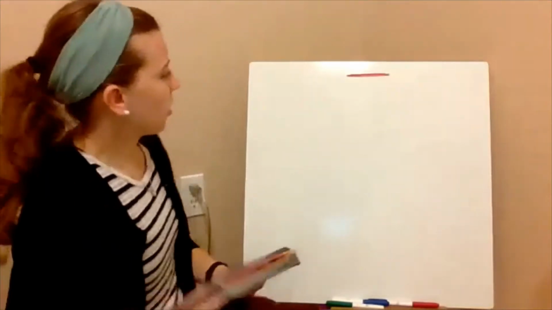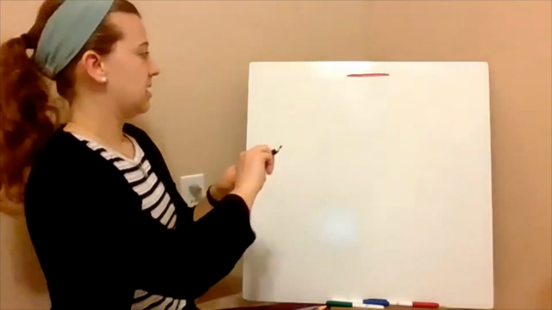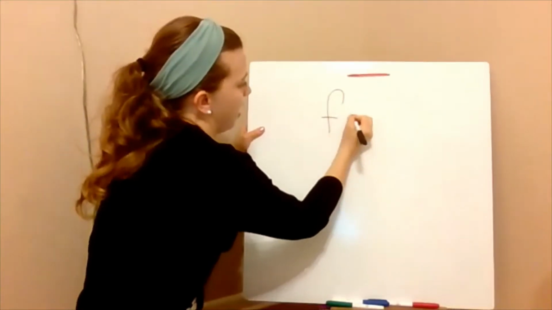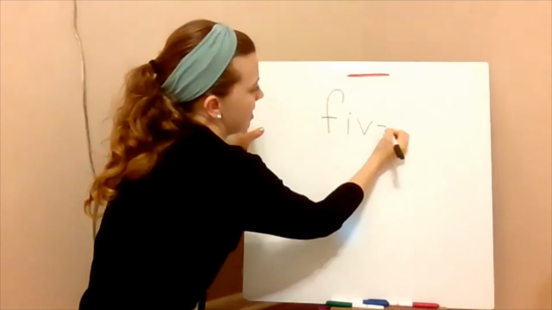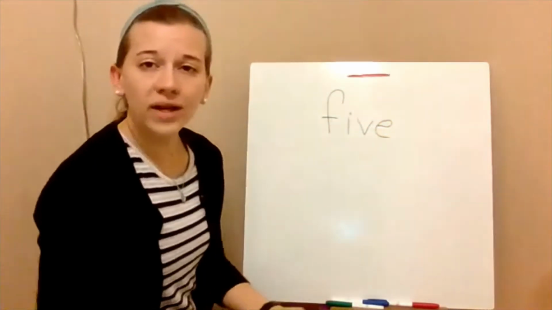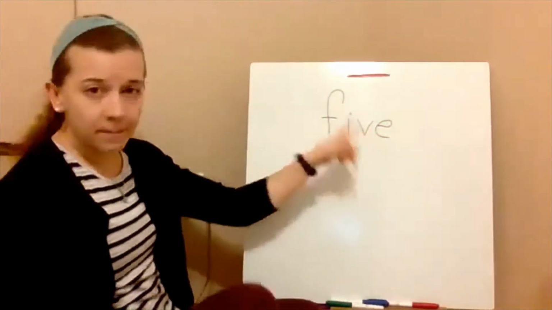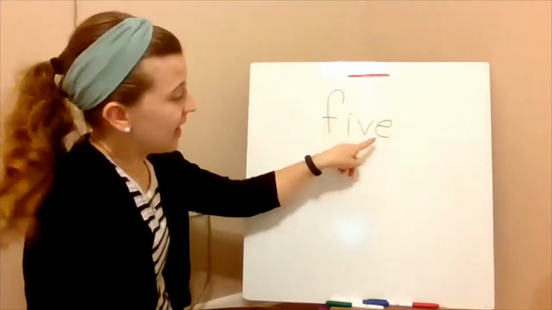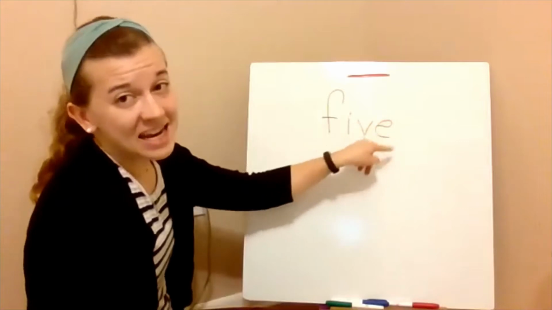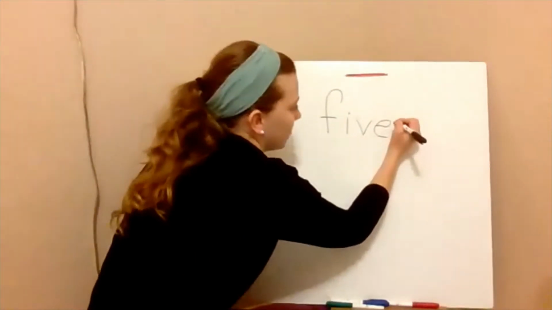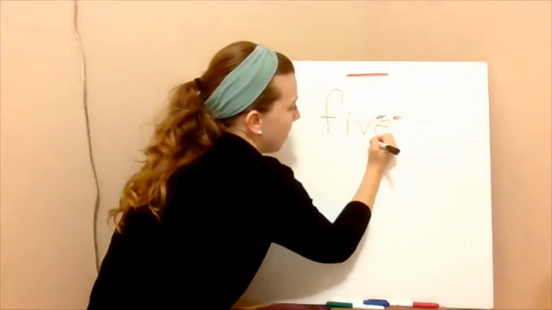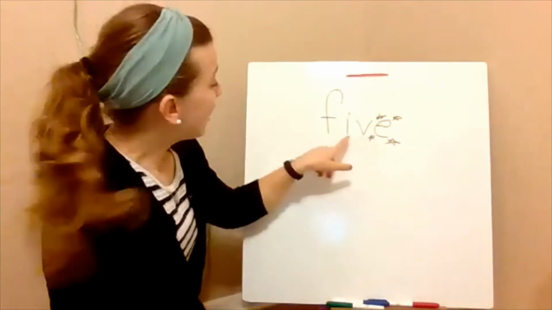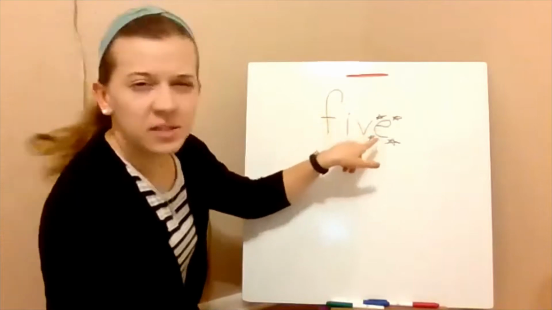So if I have a word like this word, F-I-V-E. What does that word say? Well, remember, when there's a vowel, one consonant, and an E, that E is Magic E. So let's put some stars to help us remember Magic E. All right, so we have E. And then, so what does Magic E do?